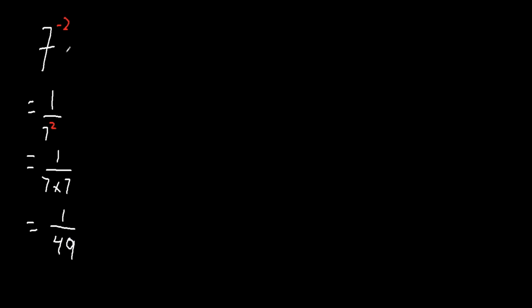If we look at our pattern again, we actually have our pattern with negative exponents. If we start with 7 squared, we get 49, because 7 times 7 equals 49. And then if we have 7 to the 1, we get 7.